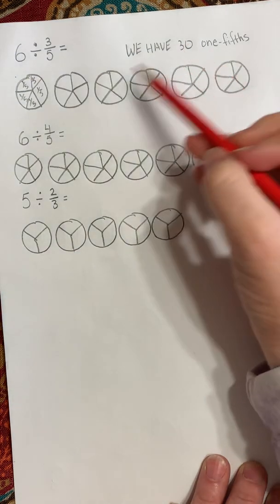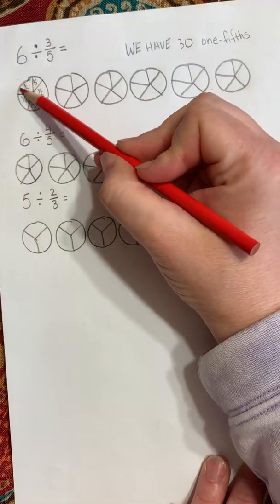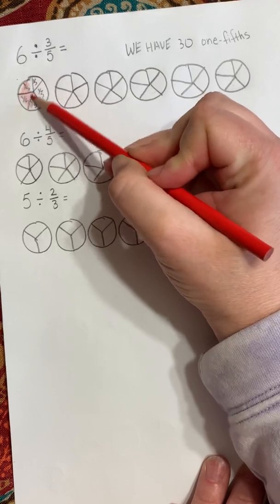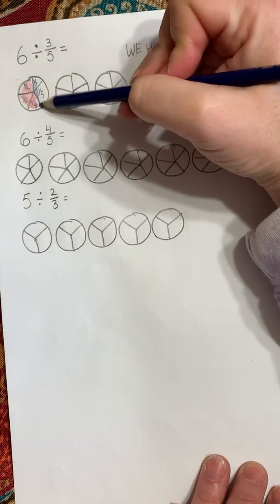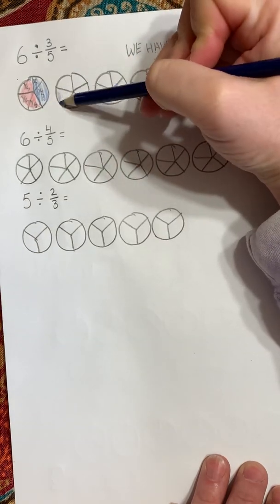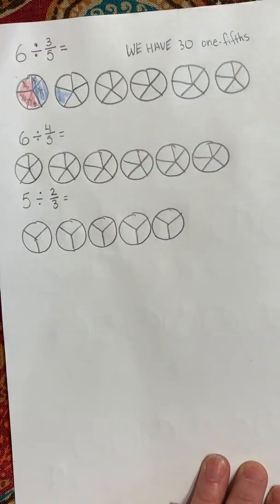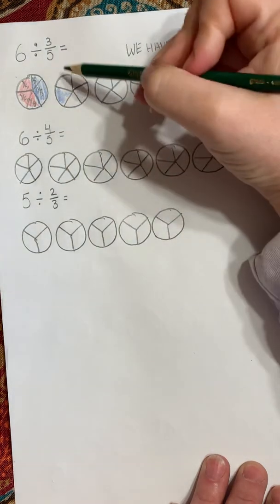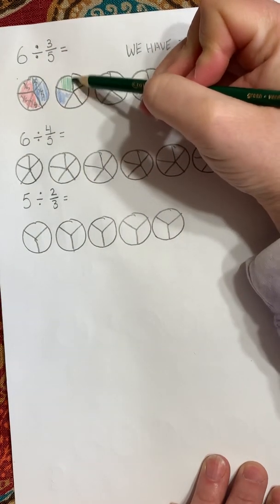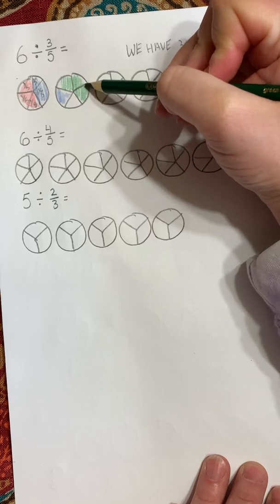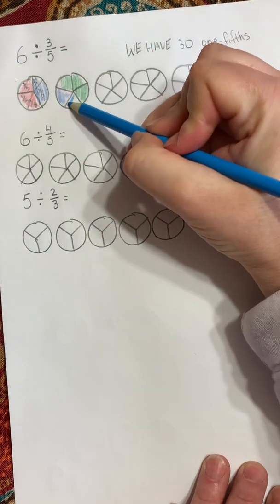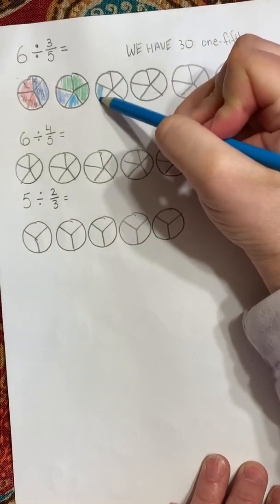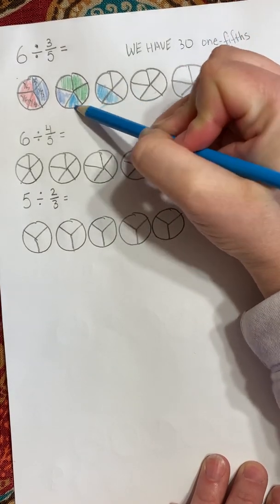And each time we're going to take away 3 of those. So we're going to take away one group of 3/5, 2 groups of 3/5, 3 groups of 3/5. I'm going to take away 1, 2, 3 groups of 3/5 right there.